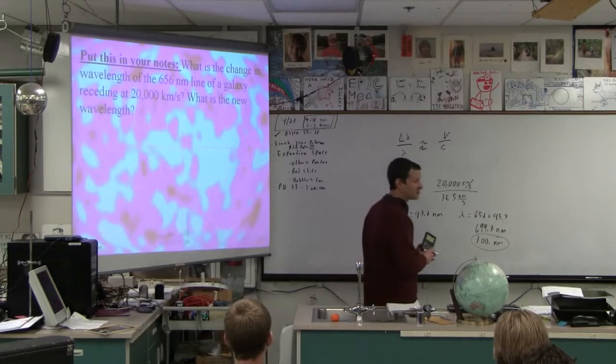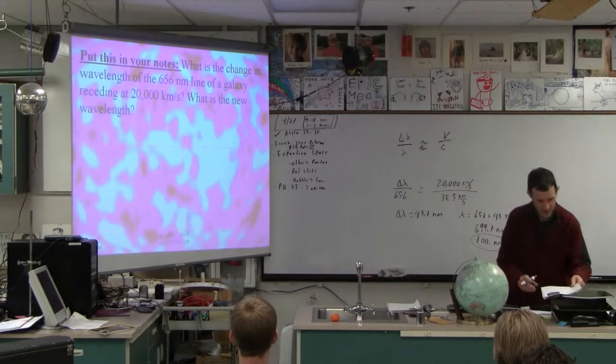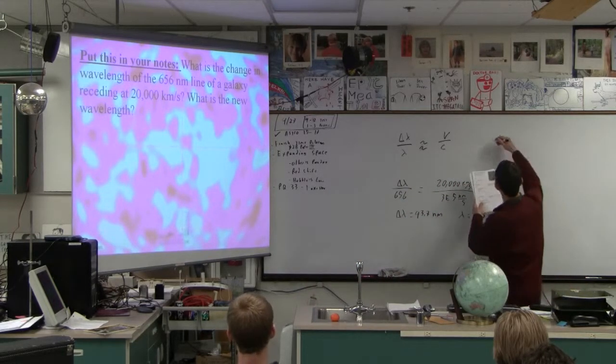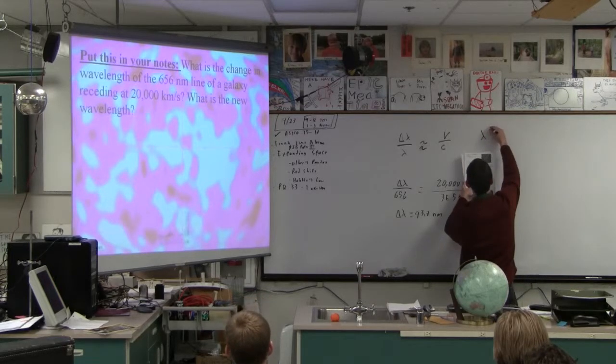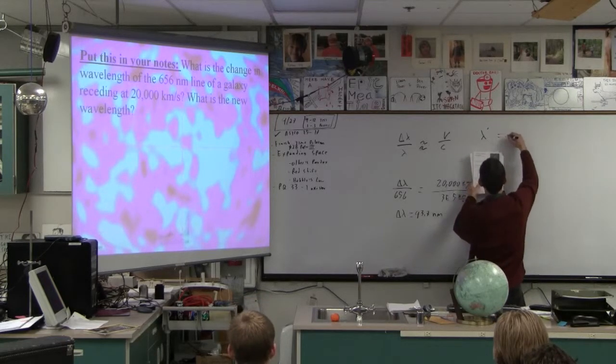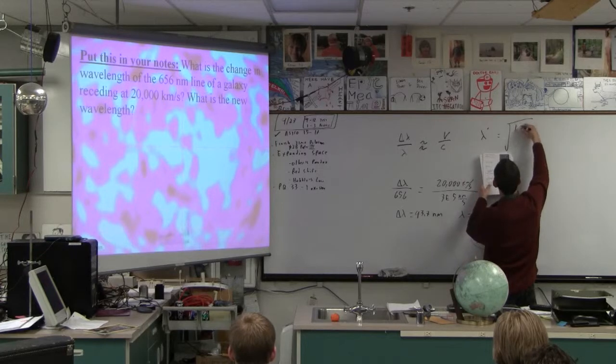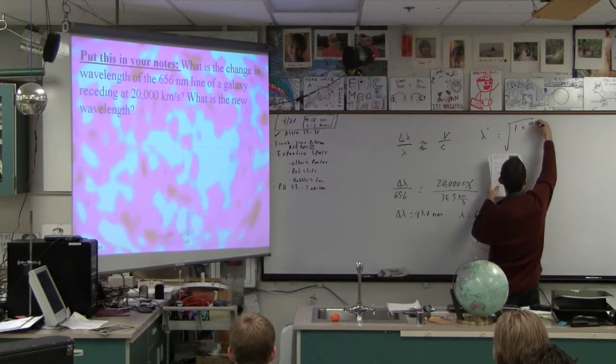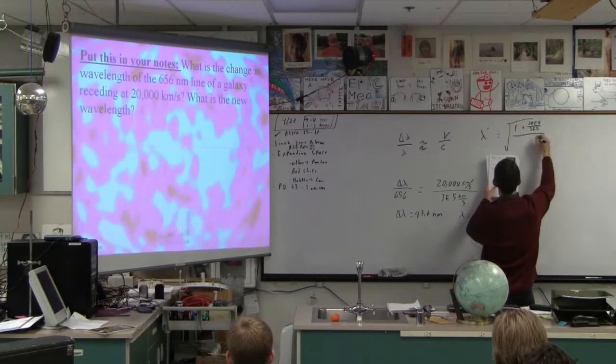Let's try the fancy formula. The new wavelength is equal to the square root of 1 plus 20E3 divided by 3E5, divided by 1 minus 20E3 over 3E5.